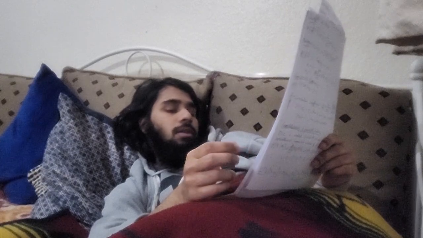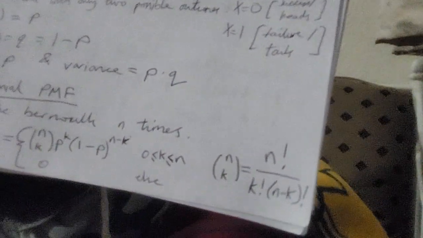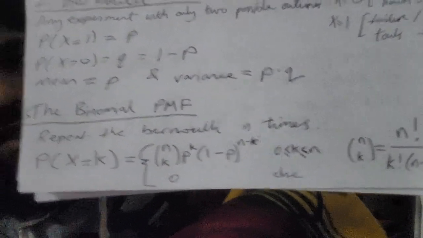So the formula would be, I'm not sure what that is called, it's like n and then this k on the bottom.